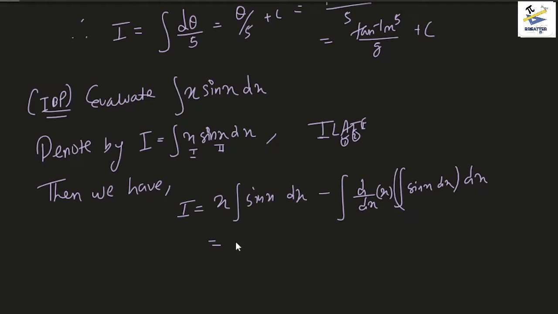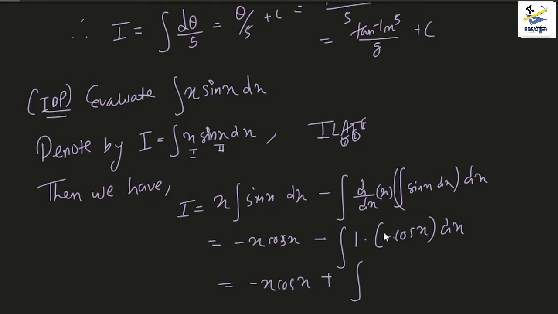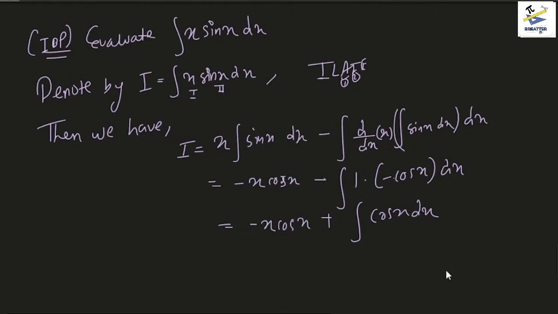Now integral of sin x is minus cos x, so this is minus x cos x, minus integral of d dx of x, which is just 1, and integral of sin x is again minus cos x, right? Then as you can see, it simplifies considerably into minus x cos x, and this minus makes it a plus, and 1 into cos x is cos x dx, and you do know the integral of cos x dx, which is just sin x, right? So the answer is minus x cos x plus sin x plus c.